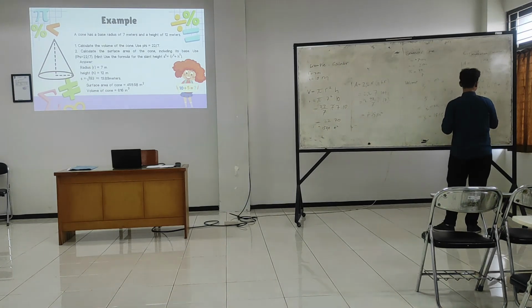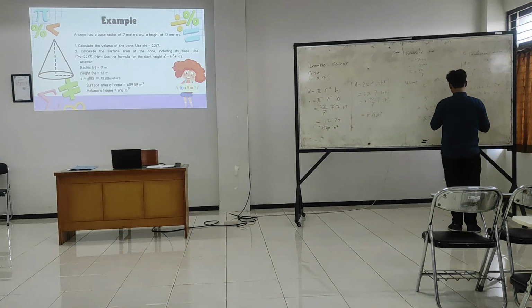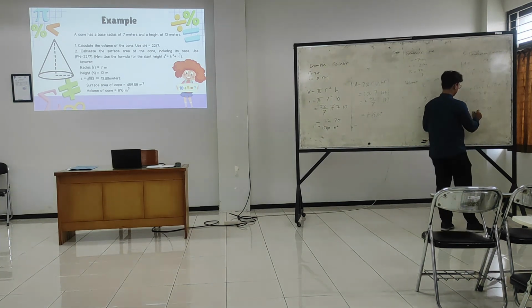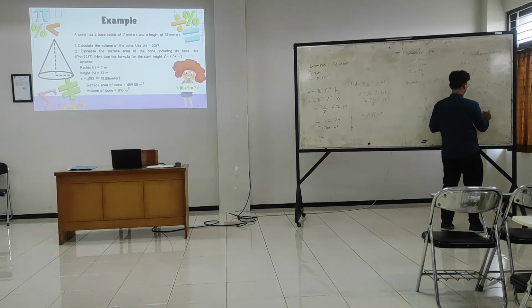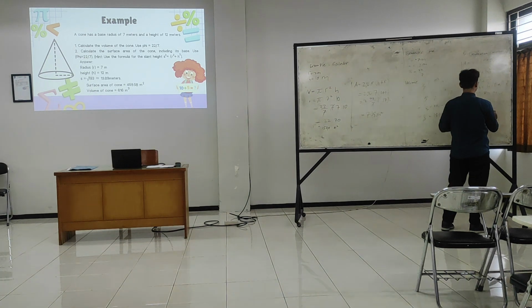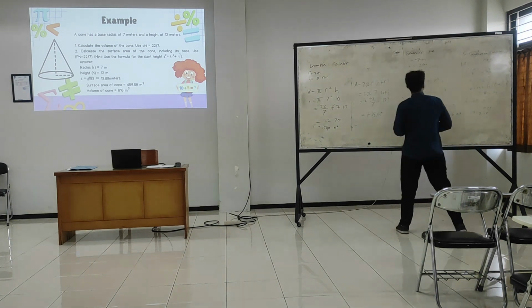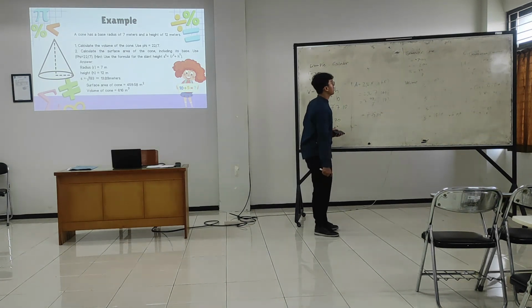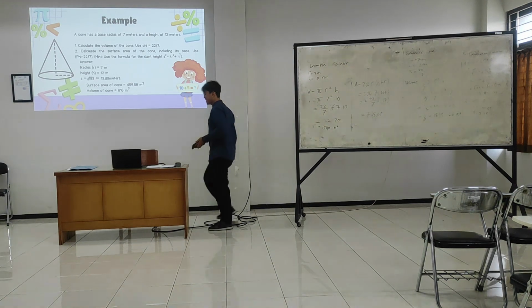So 22 multiplied by 20.89. So the surface area is 459.38. That is the example to find the volume and the surface area of the cone. Do you guys understand? Yes.